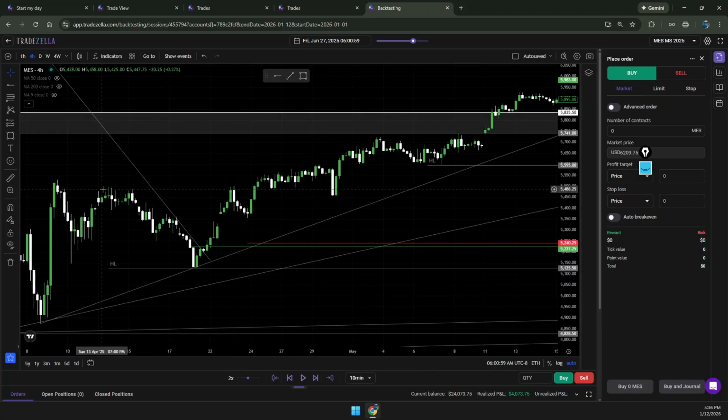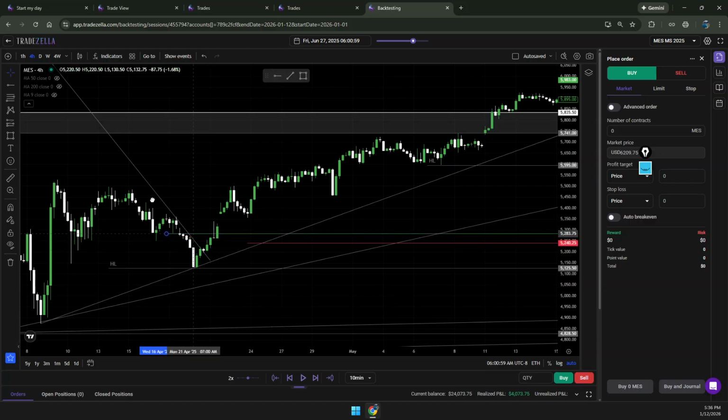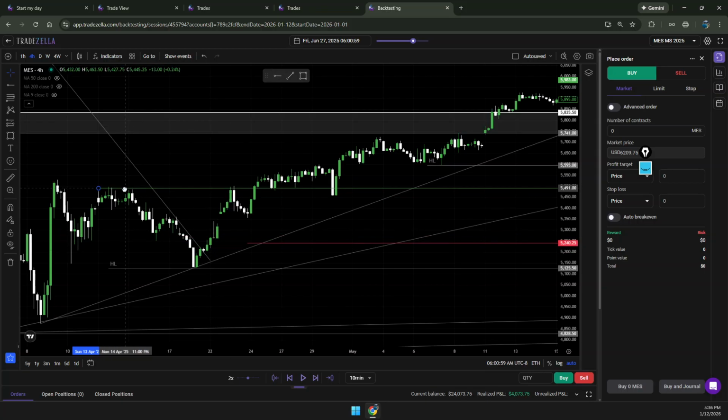You want to make sure you know where your levels are, so that even if you get a pullback, you want to be a little bit more below that support resistance level. Let's say this is your support resistance level, which it could be, and you got this pullback up, you're here, and you catch this guy here.